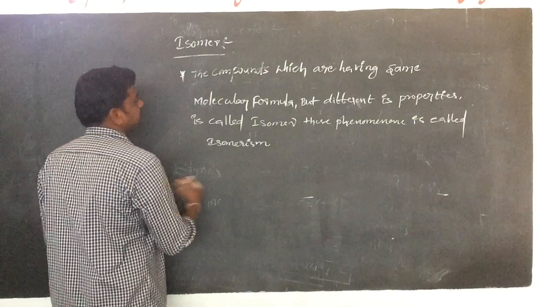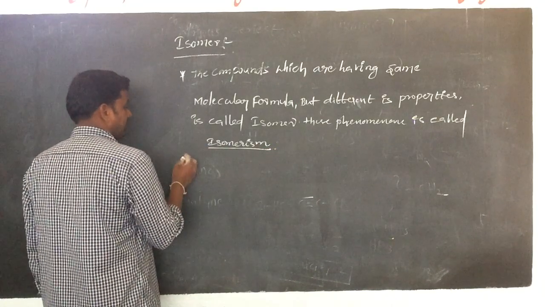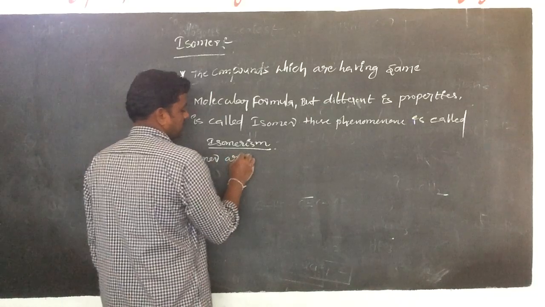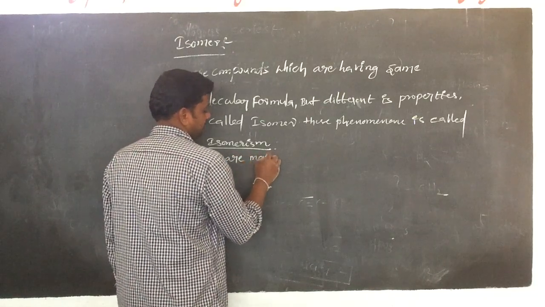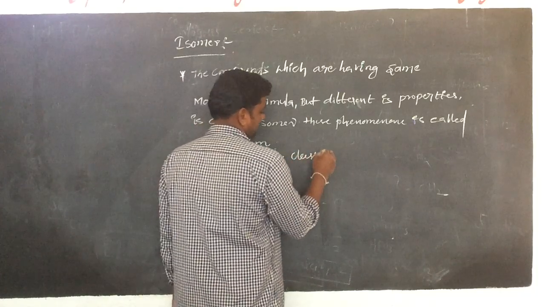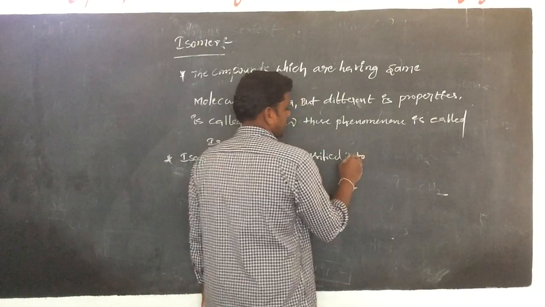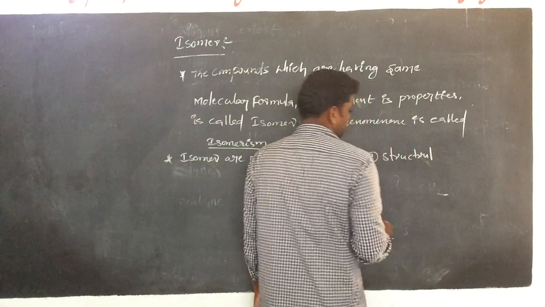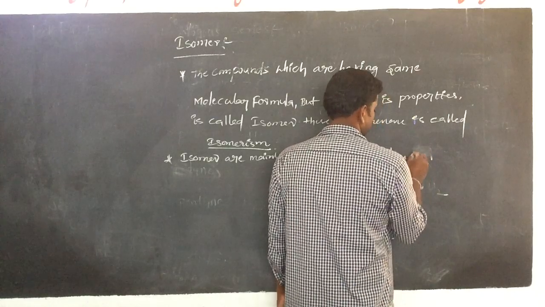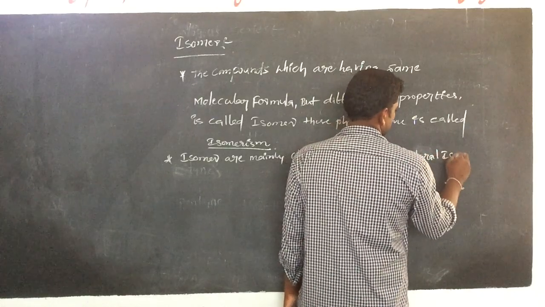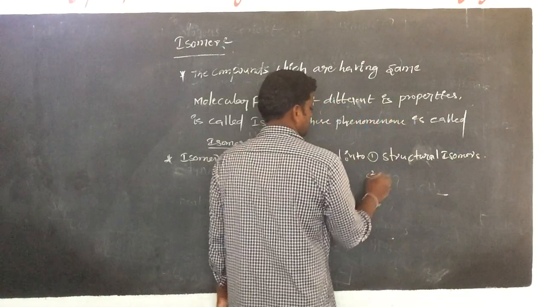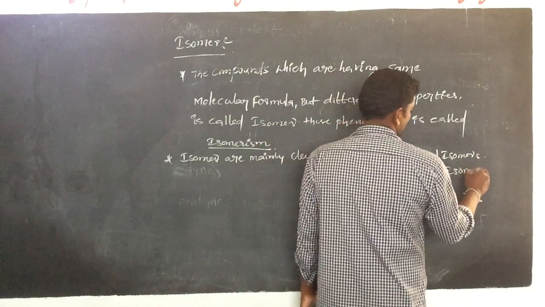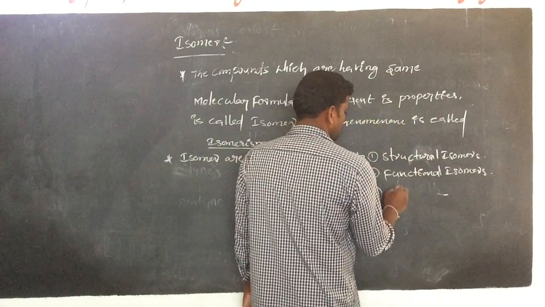Isomers are mainly classified into three types: first structural isomers, second functional isomers, and next positional isomers.